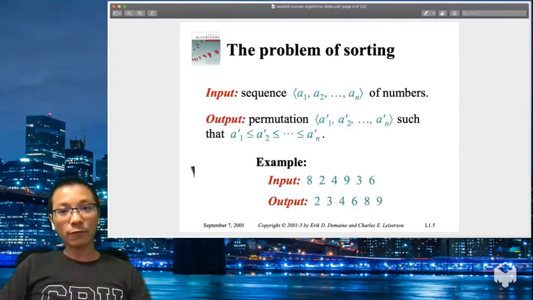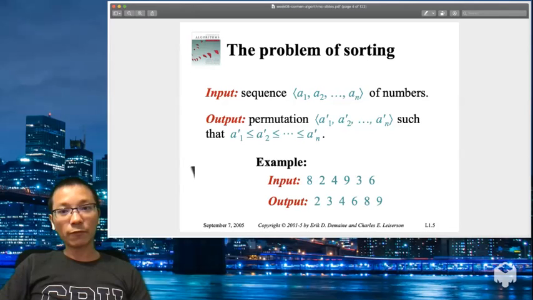Let's consider a very classical problem of sorting. We have an input, a sequence of n numbers, and we want to produce an output, which is a permutation of the input numbers such that they form an ordering. So the first number is no greater than the second number. Suppose we're ordering in non-decreasing order.